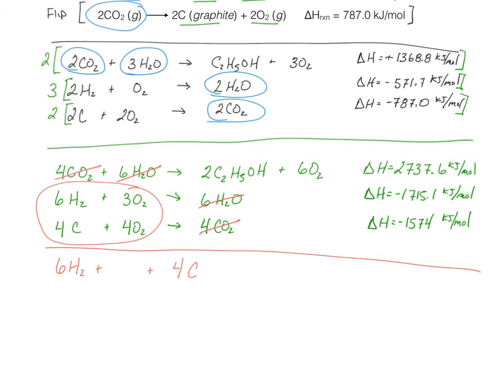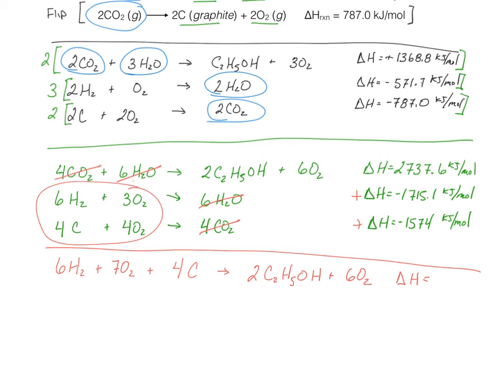And so this means that I have actually 7 O2s goes to form 2 C2H5OH plus 6 O2. And the delta H is going to be equal to the sum of all of these values.